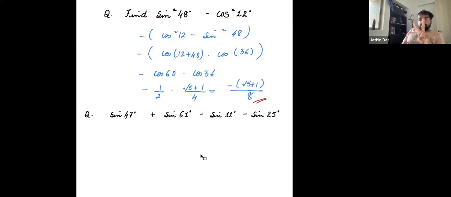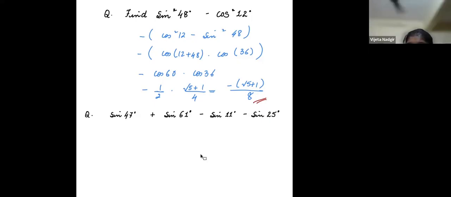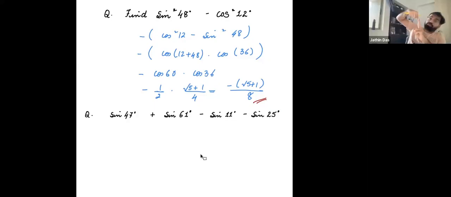If it is a difference of two sine squares, then okay. But if it is a sum of two sine squares, I told you, we convert one into cos square. If it is two cos squares also, we convert one cos square into sin square. But when it is squares, this is how you always do it: cos a plus b into cos a minus b, or sin a plus b into sin a minus b. Always. I think you forgot, but it's okay. That's why I told you practice is more important.